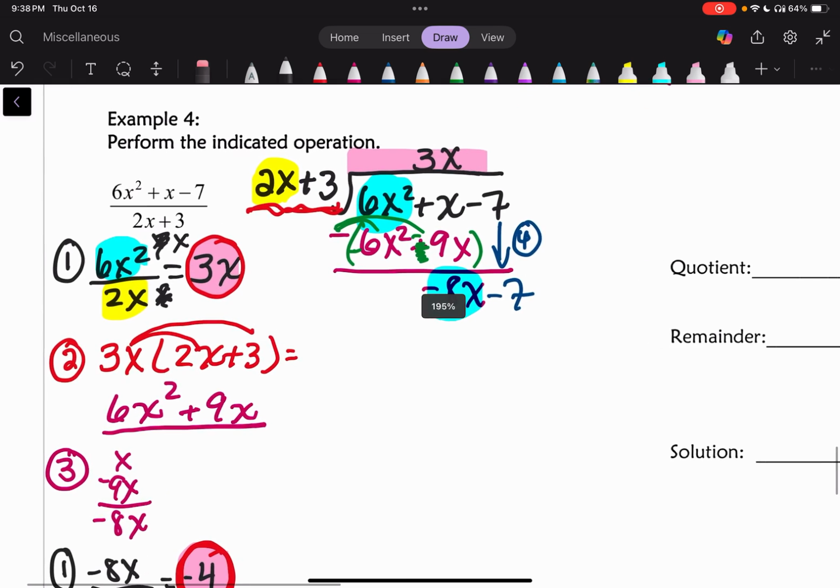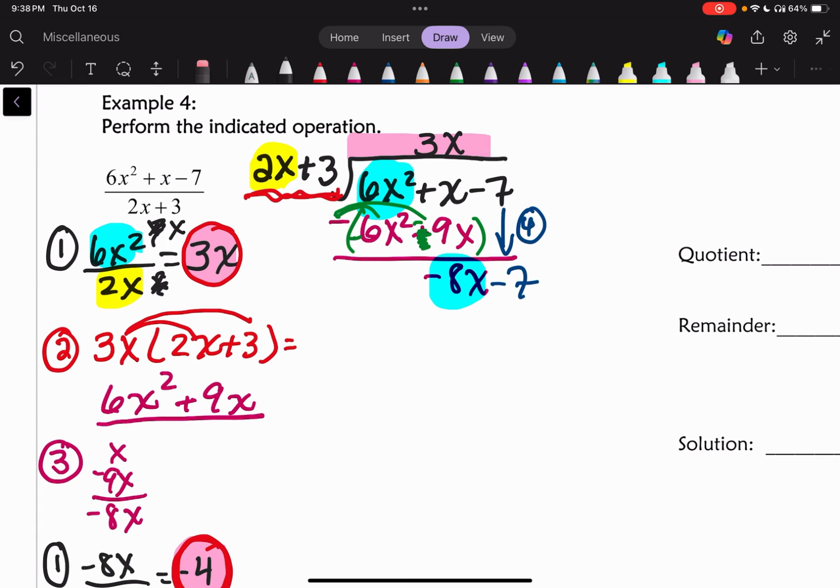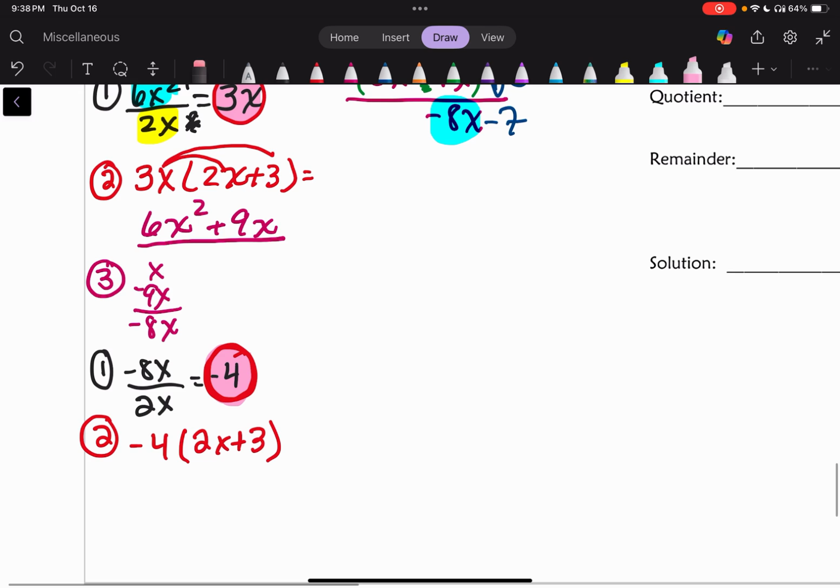Yes, I did. So let me go do that real quick. That's going to be a minus 4 up here. Remember, right after you divide, put it up there because then you're going to forget. So then let's go back to our multiplication step. So then we have negative 4 times 2x. That's going to give us a negative 8x. Negative 4 times this 3 is going to give us a negative 12.